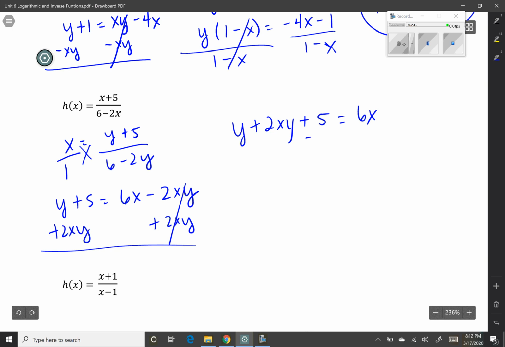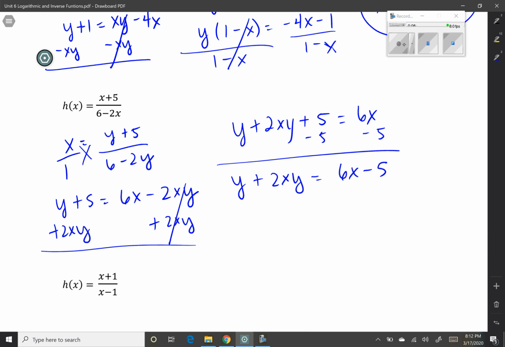But I don't want that 5 there. I'm going to move it to the other side. So I have y plus 2xy equals 6x minus 5. If I then divide out the y's like I normally would do, I'm going to get y times 1 plus 2x equals 6x minus 5.